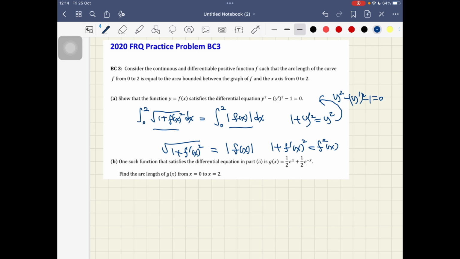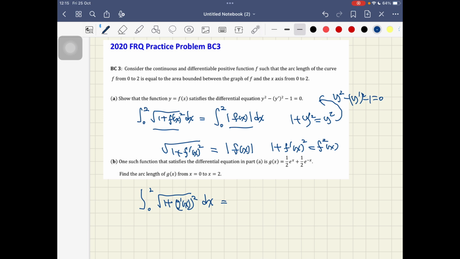And one such function, g of x, is like this. So find the arc length of g of x from 0 to 2. Here, the integral from 0 to 2 of the square root of 1 plus g prime of x squared dx. This is difficult to calculate because of the square root and the squared g prime.